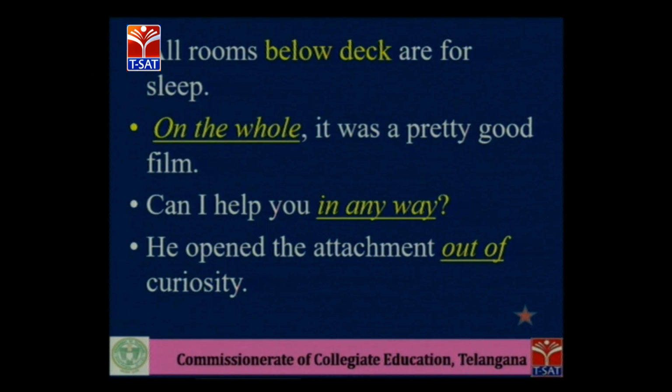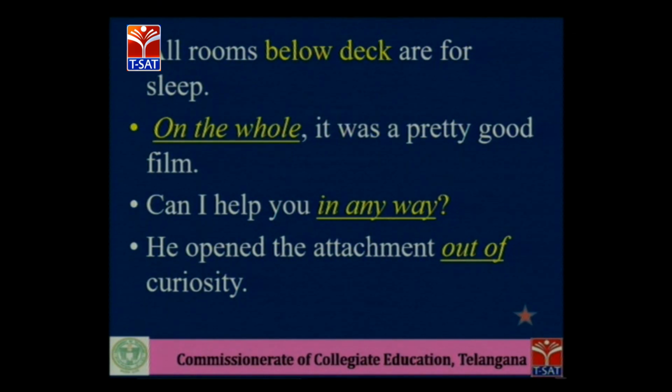And in the next example, on the whole, it was a pretty good film. Here on is a preposition and along with on the whole, it becomes a prepositional phrase. And in the next sentence, can I help you in any way? Here in is a preposition and along with any way, it becomes a prepositional phrase.